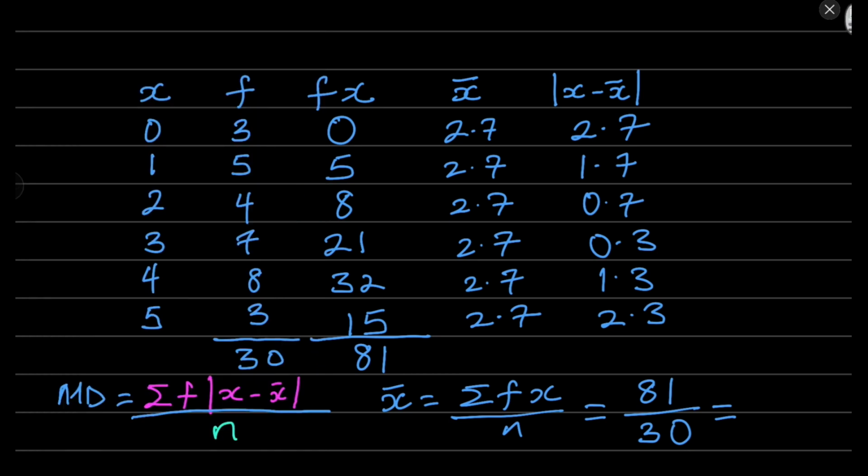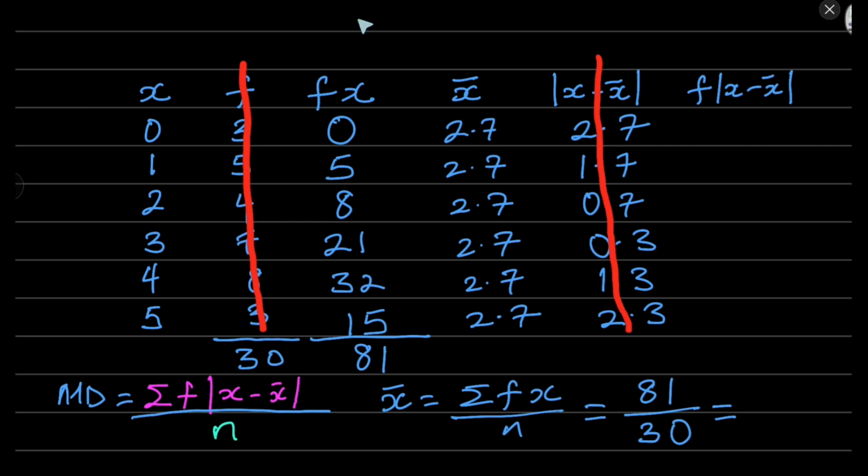Having done that, what does the formula say? The formula says that now that we've found the absolute value of x minus x bar, we multiply it by f. So we just create a new column for f times the absolute value of x minus x bar. That means you'll be multiplying all the values of the f column by all the values of your absolute deviations.